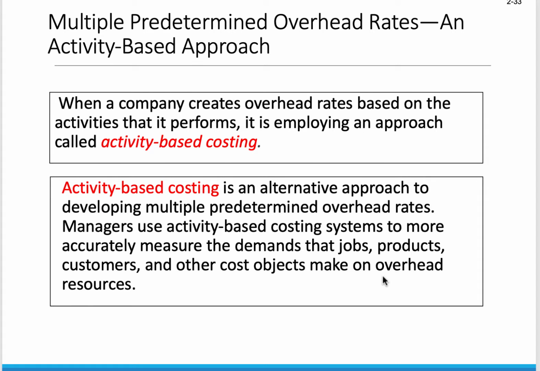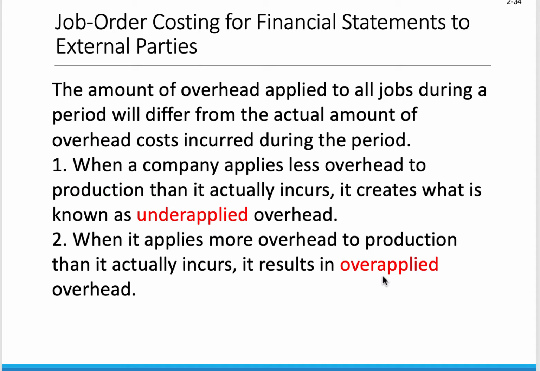But just keep in mind the takeaway here is recognizing that we have to calculate a number of predetermined overhead rates. Now, since we're applying, we already said there's going to be inaccuracies. Why? Because we're estimating. We're allocating all this stuff based on estimates. So we're either going to under apply or we're going to over apply.